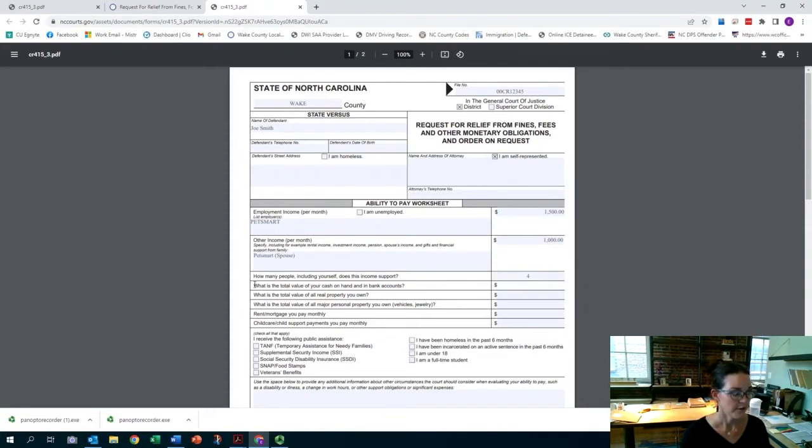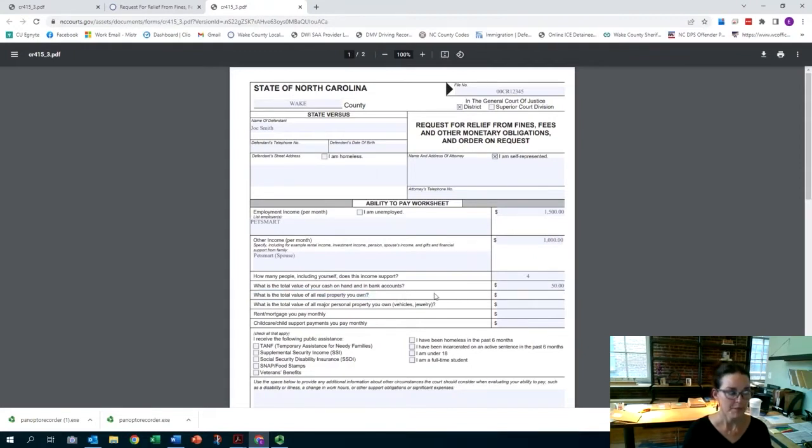The next question is, what is the total value of your cash on hand and in bank accounts? This means how much cash do you have now and in a bank account? Let's say, for purposes of this example, $50. The next question is, what is the total value of all real property you own?